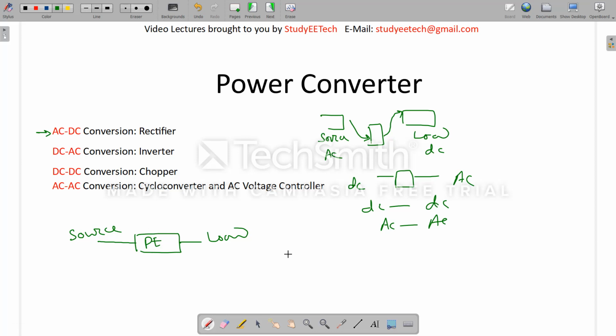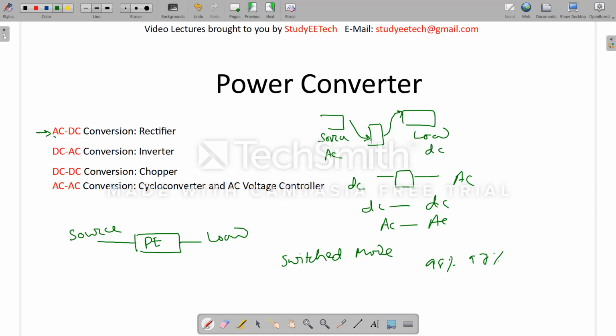Mostly they work in the most efficient way because all power electronic devices act in switched mode. You will not understand all these things right now, but just know them. Switched mode means their efficiency is very high, 98%, 97%. Power electronic devices are that efficient.